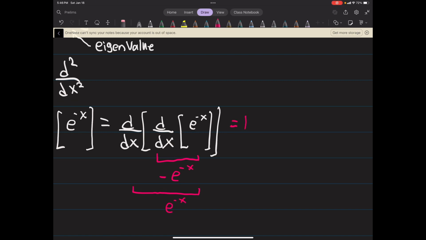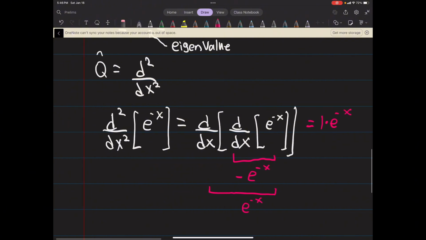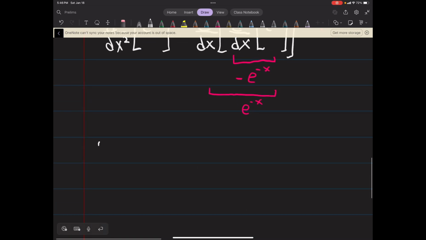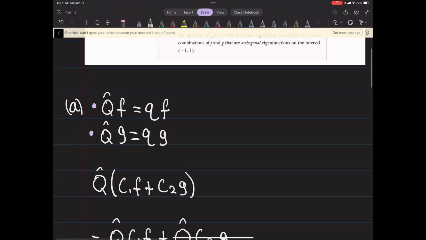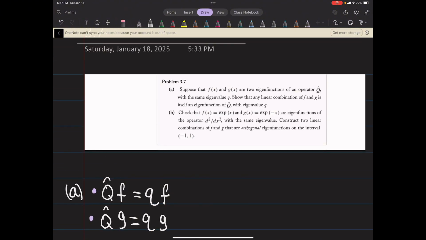So this is equal to 1 times e to the minus x. So we have Q hat operating on e to the minus x equal to 1 times e to the minus x. So sure enough, this is an eigenfunction, and we have the same eigenvalue, which was promised in the problem.